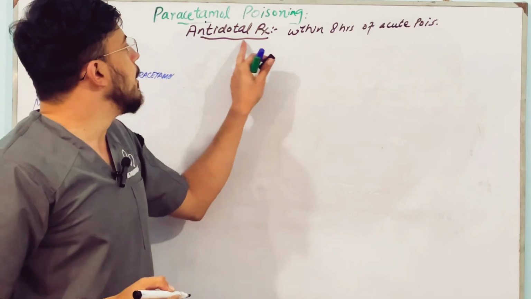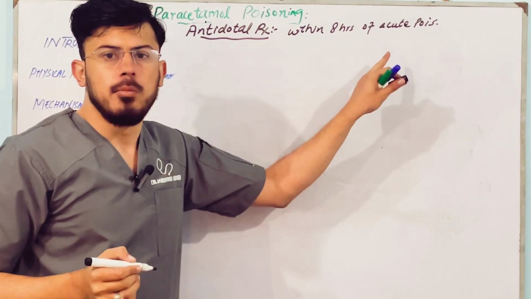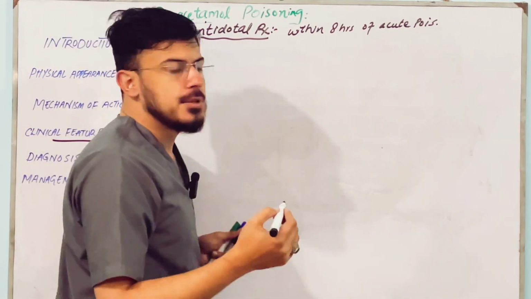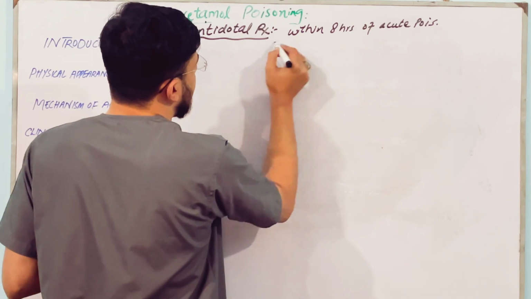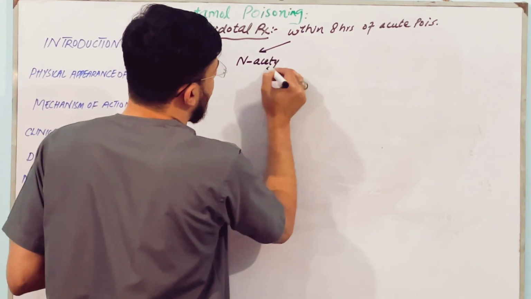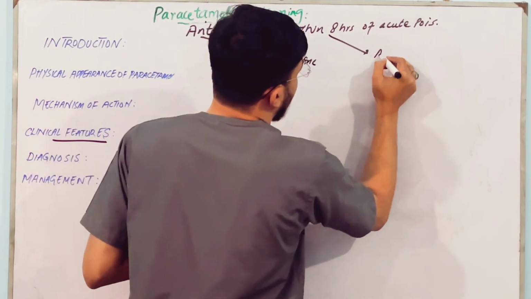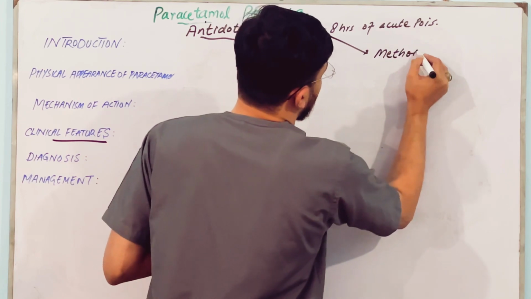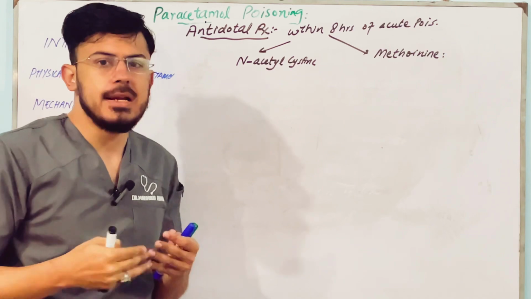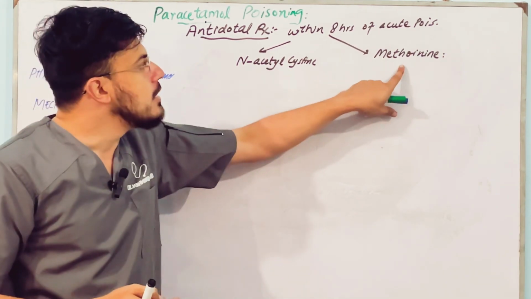There are two options for the antidote in case of paracetamol overdose. The first is N-acetylcysteine and the second is methionine.